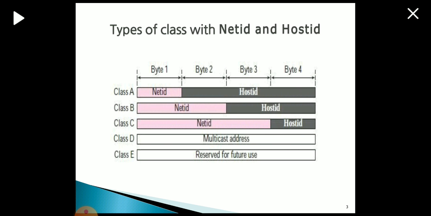In class B, 2 bytes are reserved for network ID and 2 bytes for host ID, where in class C, 3 bytes are reserved for network ID and 1 byte for host ID. Class D is multicast address and class E is reserved for future use.